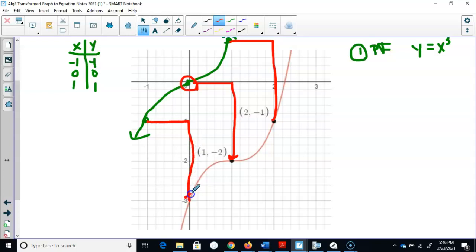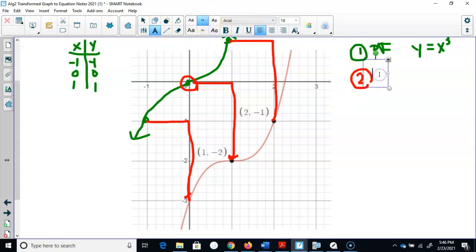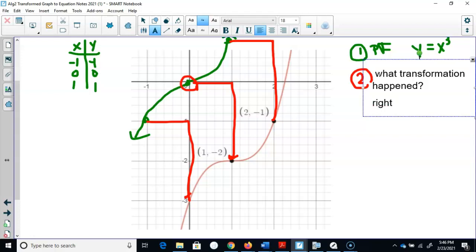So the next thing I like to do on step 2 is I like to realize what is my actual description? What happened? What transformation happened? So in this case, the parent function went to the right 1 and down 2, okay?